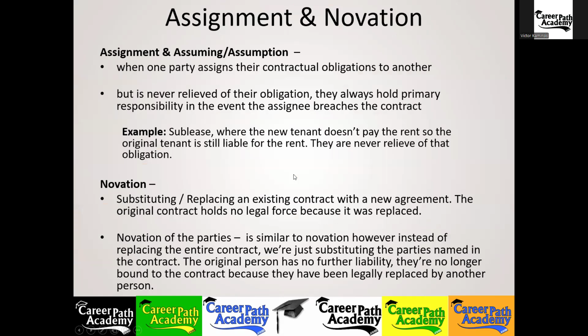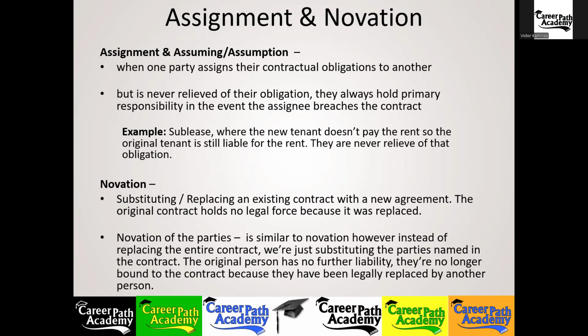Okay. Now, assignment and novation. Assigning a contract or assuming a contract is when you're taking over someone's legal obligations, their contractual legal obligations. However, that original person is never relieved of their original contractual obligations.